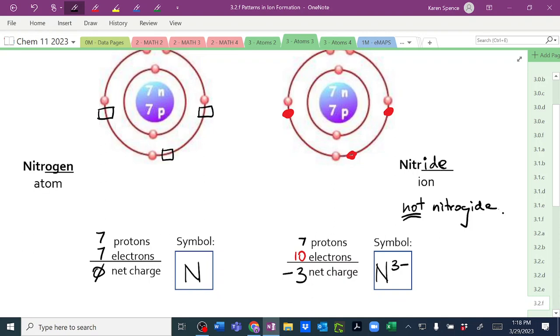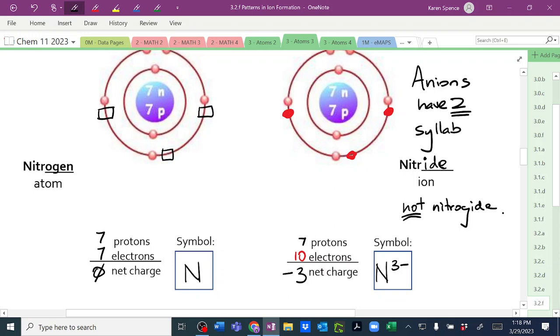What would it become? Phosphide, because there's only 2 syllables in anions. Okay, so basically you take the first syllable and then stick "ide" on the end. Anions have 2 syllables. I'll tell you the exceptions another day, but we're not going to worry about that. Anything that appears on tomorrow's quiz will not be an exception. Okay?